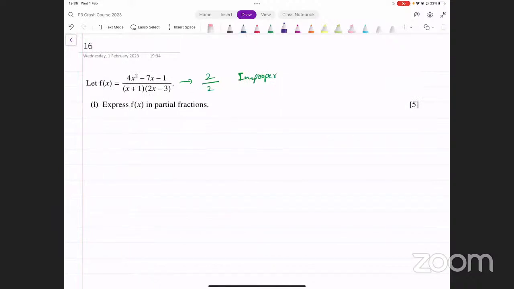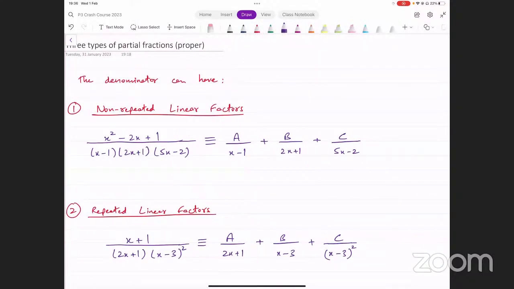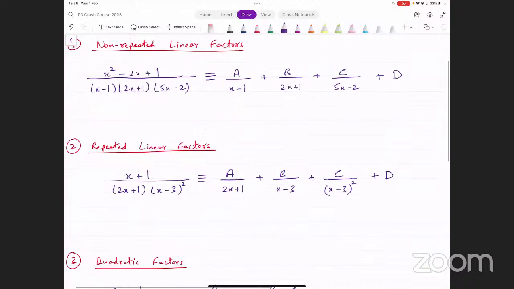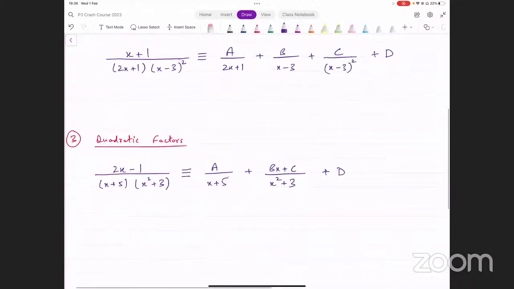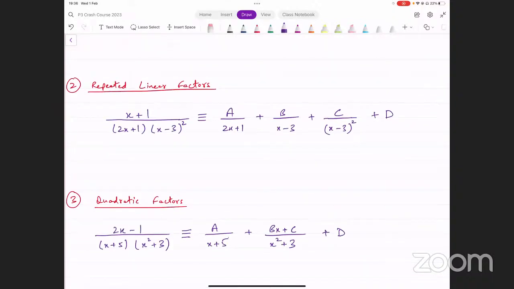Basically, what happens is in all of these forms, when you have improper fractions, you end up having to add another constant like this. That's the only difference, actually. You could add that constant at the end or at the start. That doesn't make any difference, but you end up having another constant. Then there's a shortcut of how to find this constant. We'll do that in the next class.